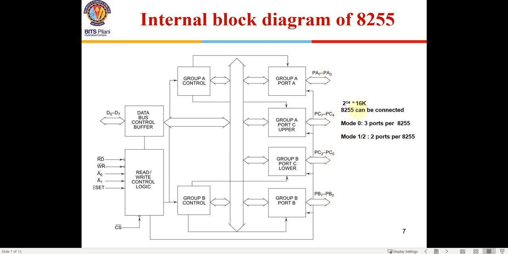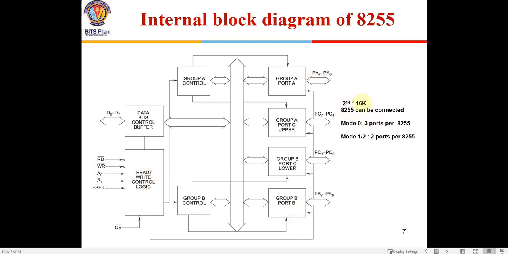Is this figure clear, how the 16k has come? The total number of 8255s which can be connected to 8086 is 16k, because the total address lines available are 16. So 2 to the power of 16, but then 2 lines you will have to separately give to the 8255 for programming, for selecting one of the ports.